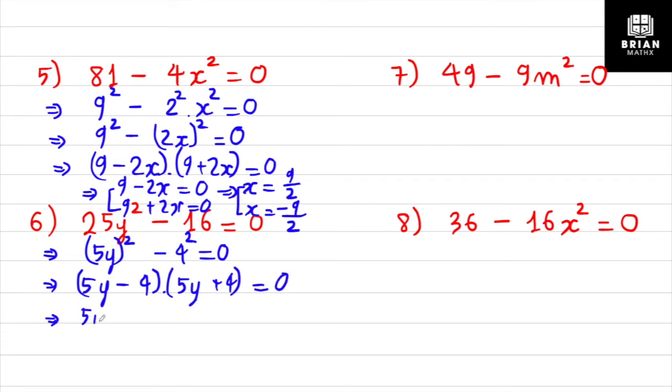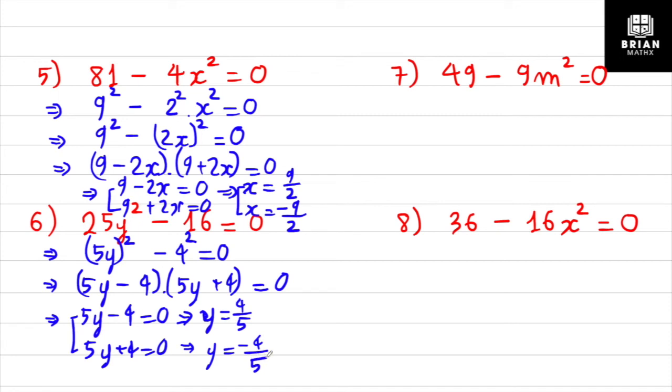Okay, and solving one by one, y equal to 4 divided by 5 first, and the second negative 4 divided by 5.